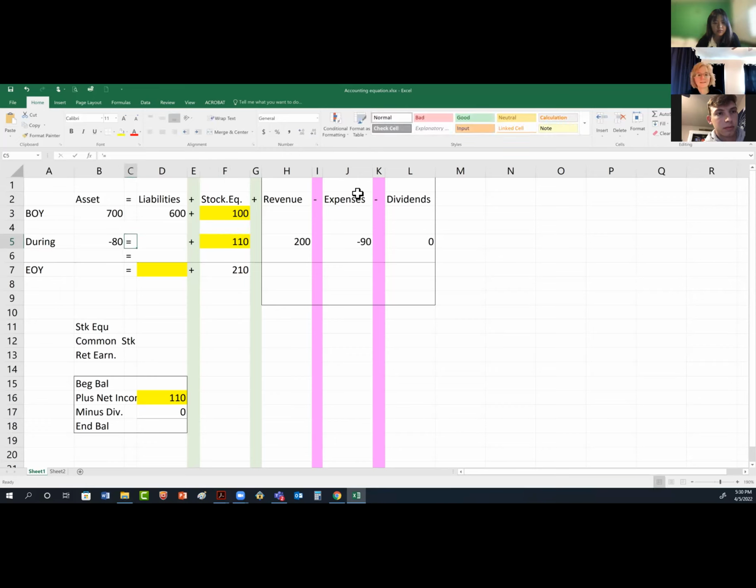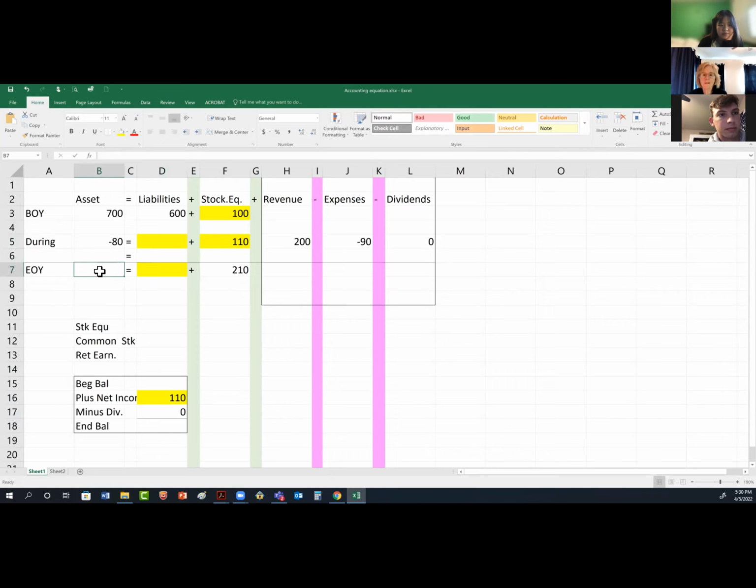So how do you balance this? During the year, if assets went down 80, stockholders' equity went up 110, what was the change in liabilities? Or you could do it another way. You could say end of year, beginning balance 700, assets went down 80.